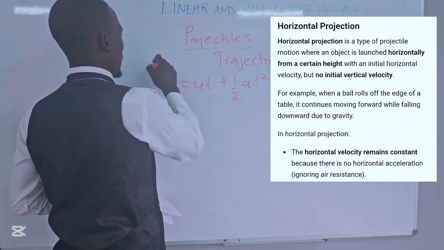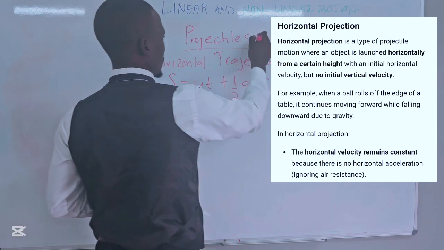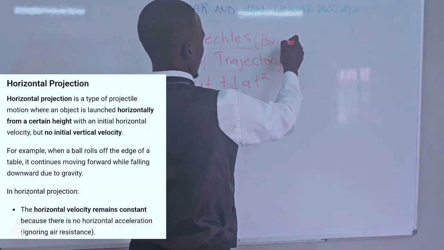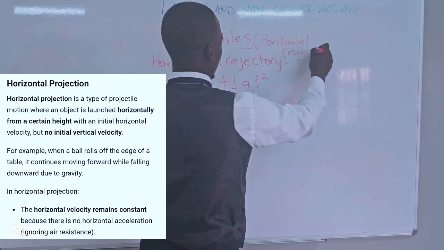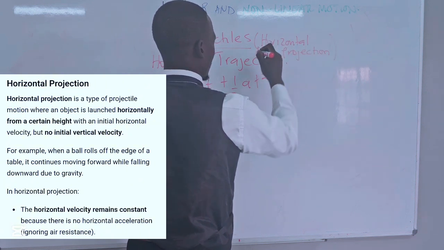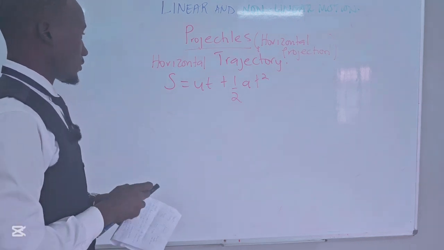This is horizontal projection. At this level, we only look at a horizontal projection, as you look at other projections in A level.